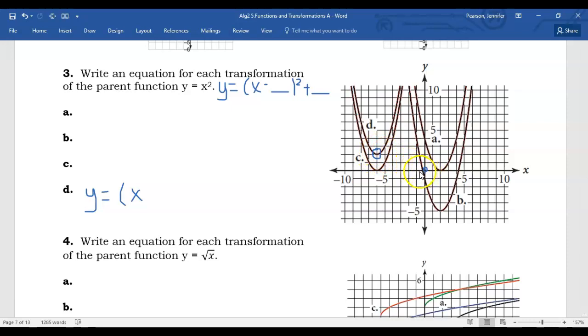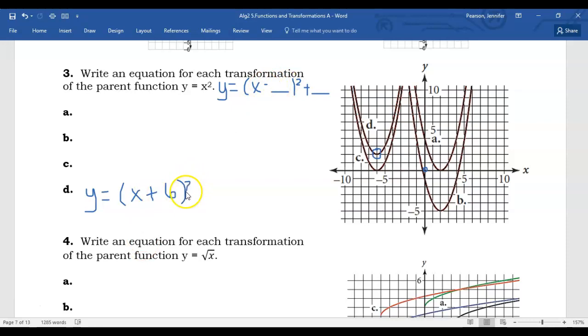So from the origin, that's 1, 2, 3, 4, 5, 6 spaces to the left. Because that moves 6 spaces to the left, I know I need a plus 6. It's always the opposite, left and right here. Because it's technically negative 6 on the graph, I want a plus 6 here. And that's because we're technically doing minus a negative 6, and minus a negative changes it to a plus.